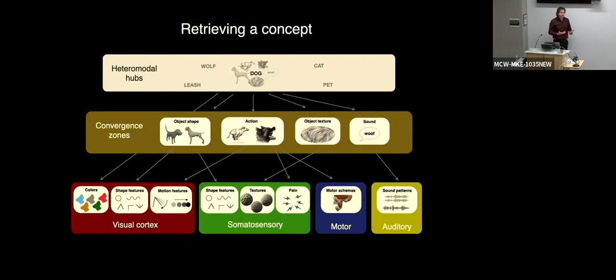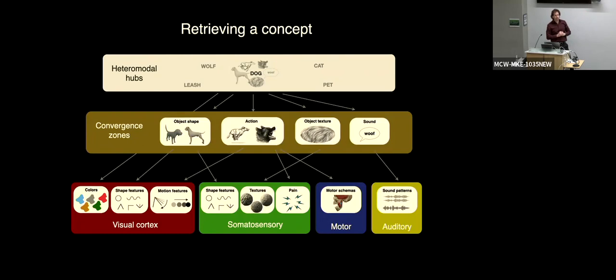If I just ask you whether dog is a word or not a word, you don't need to access any of these sensory motor properties in detail. So you could do that just with the activation from the hubs. But if I ask you, what is a dog more similar to, a cat or a horse?